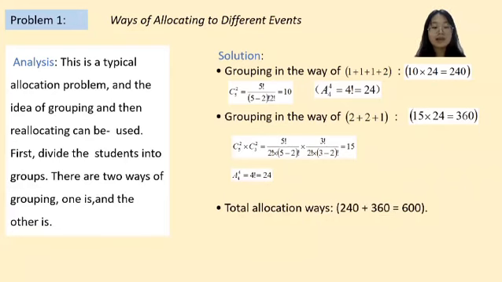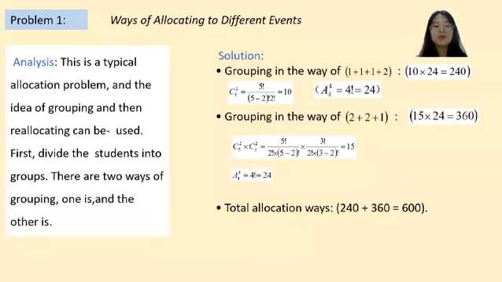Then we allocate these 4 groups to 4 events. This is a permutation problem. According to the permutation formula, the number of permutations is 24. So the total number of methods for this grouping method is 10 times 24 equals 240.